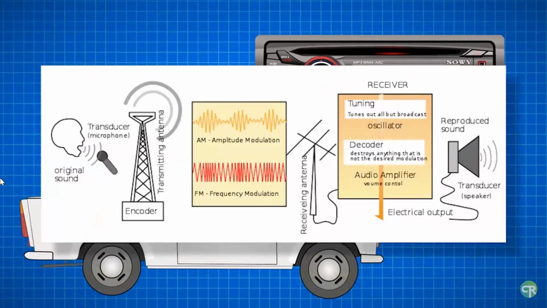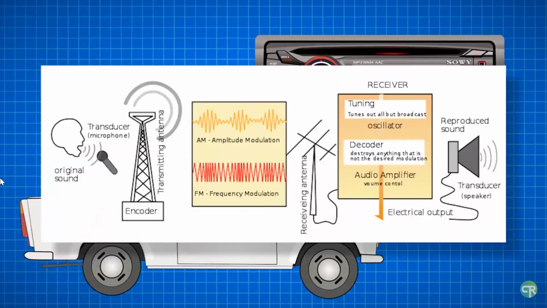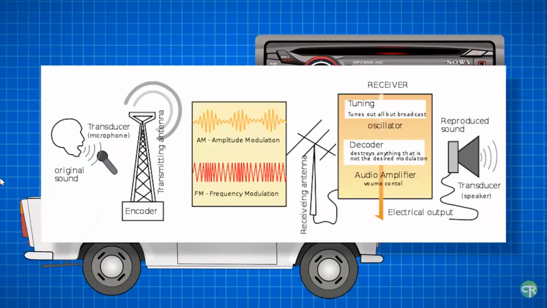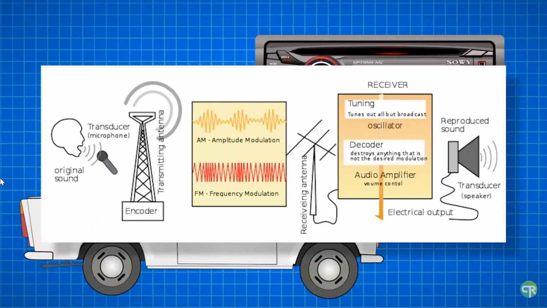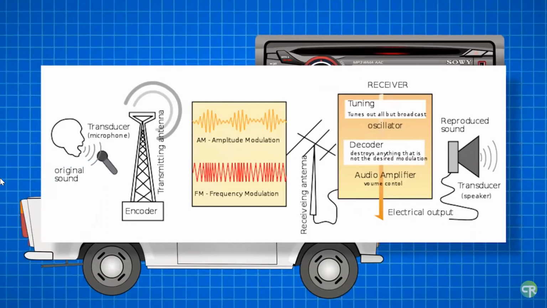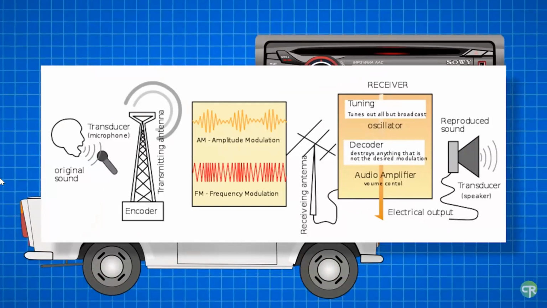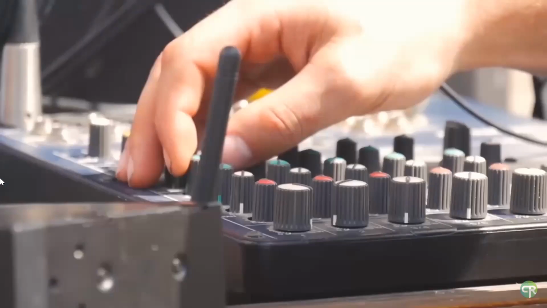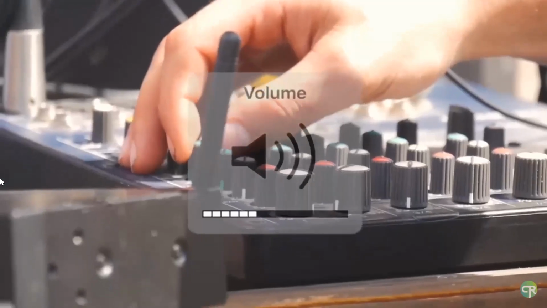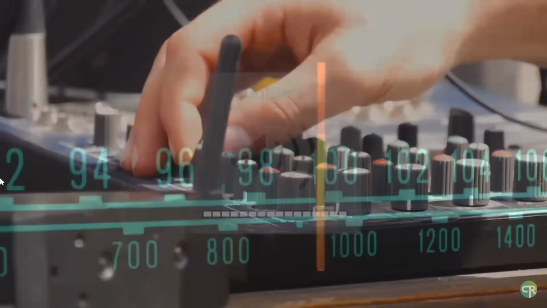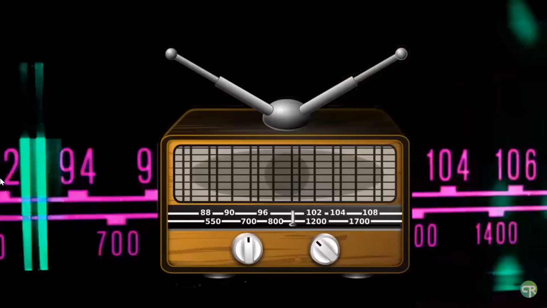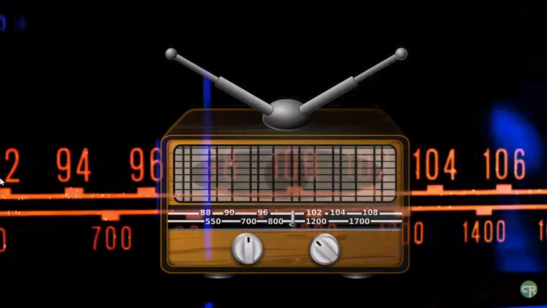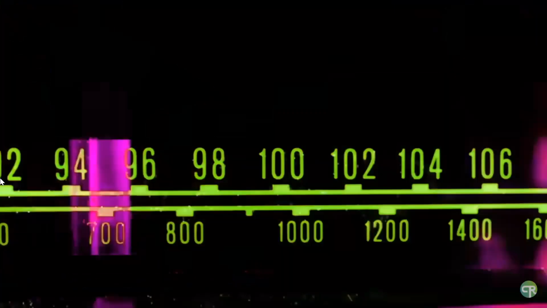The signal then passes to the detector, or demodulator, that takes the voice or music from the wave, utilizing a device called a diode, and translates it back into audio. The final step in the process is for the radio to amplify the signal so you can hear it and change the volume as needed. FM radios have different detector setups and translate frequency into sound rather than amplitude, but otherwise they operate in the same way.